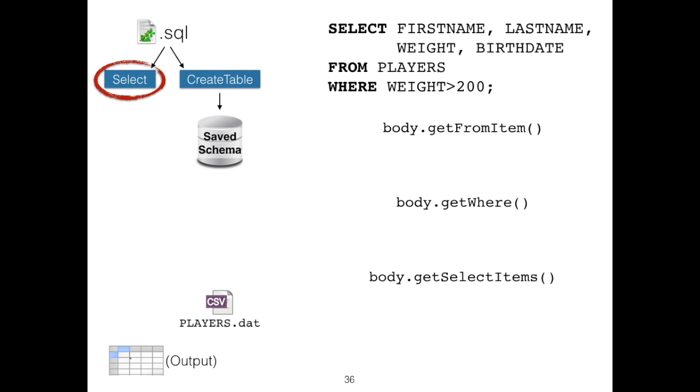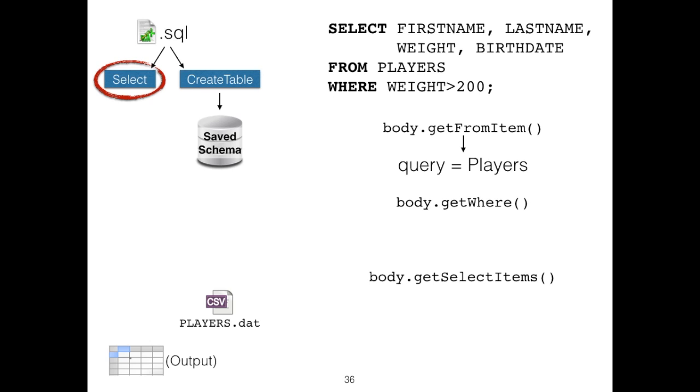So, in the case of this query up there, what would I start with? Players, right. So players is what I will get if I call body.getFromItem on the select body. It'll basically give me a table called players, and I need to translate that, create a relational algebra operator, and that forms the basis for my query.